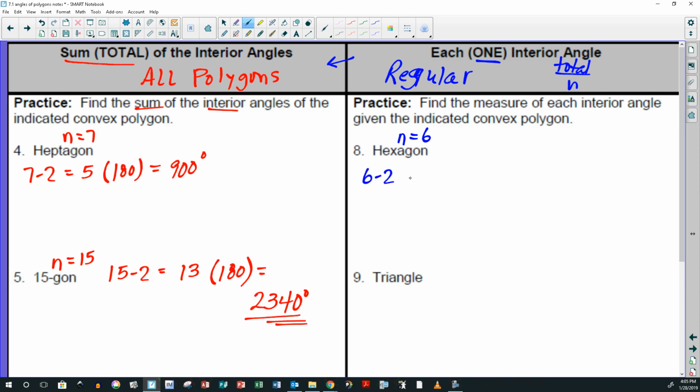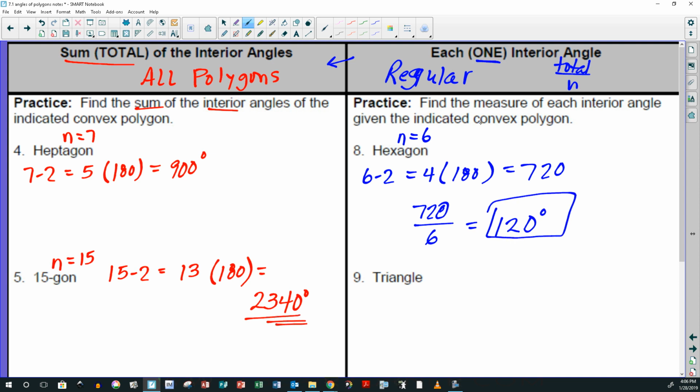So total is 6 minus 2, which is 4 triangles, times 180. So that's 720 degrees is my total. So 720 divided by 6 is 120 degrees per angle. So every angle in a regular hexagon has 120 degrees.